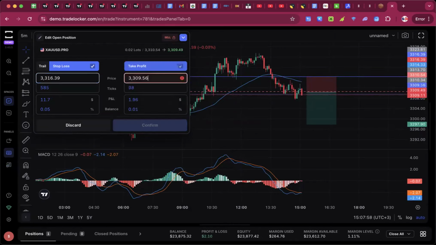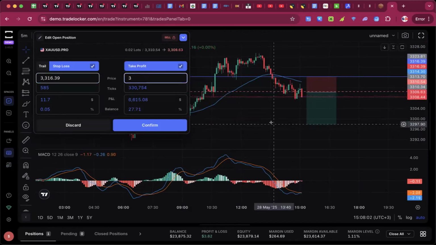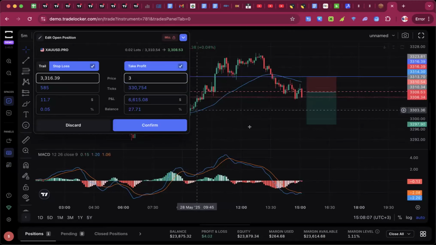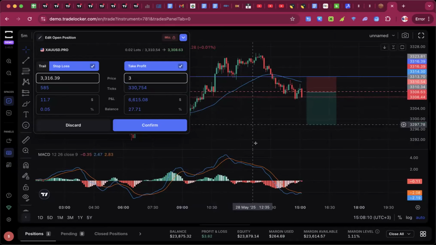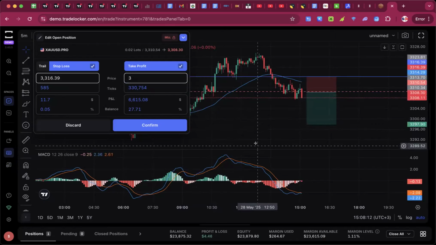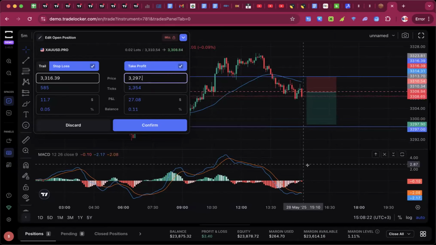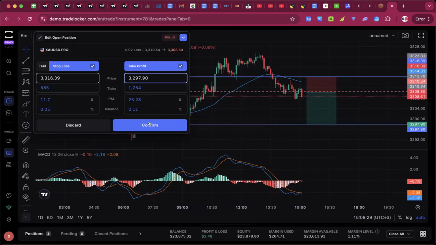You take profit. So perhaps we'll extend mine, but I just want to do 1 to 2 risk reward. That's about 3297.90. So $25. So it's about $3 profit already.